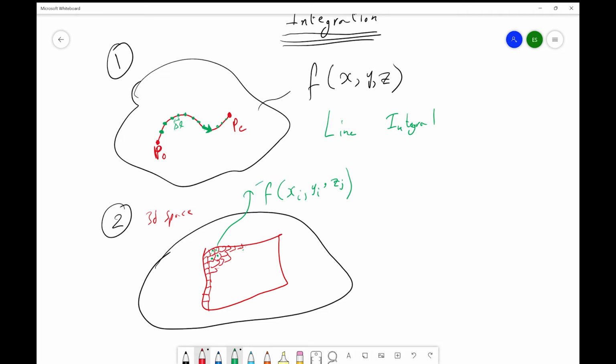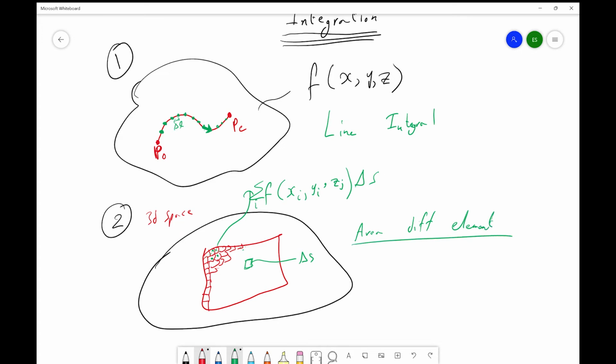I take the infinite sum, but then I need to apply a measure so that this sum goes to some finite value. The measure is going to be delta S. Delta S is the area of one of those small squares. So this small square on the surface is called an area differential element.